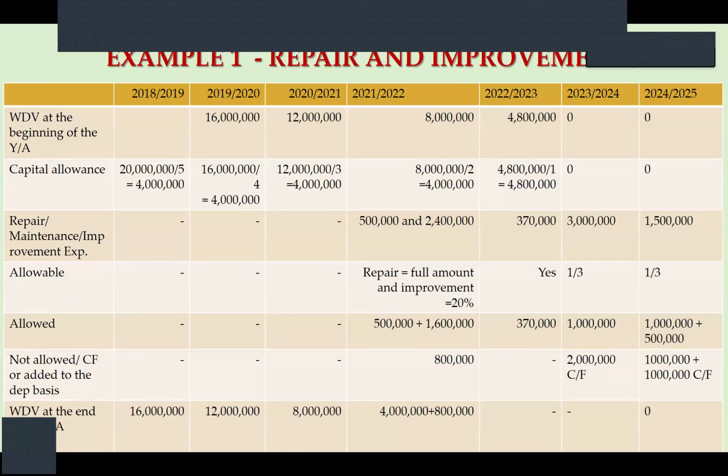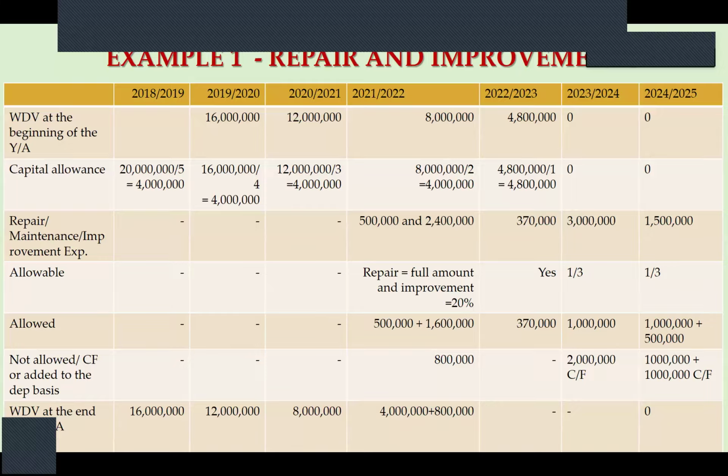Now we are moving to the next year of assessment, that is 19-20. What is the 19-20 opening written down value? The beginning written down value is the value we considered as the end value, so that is 16 million.